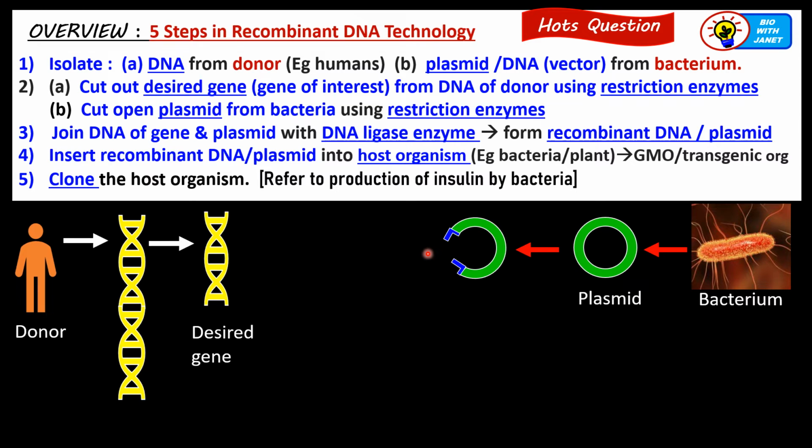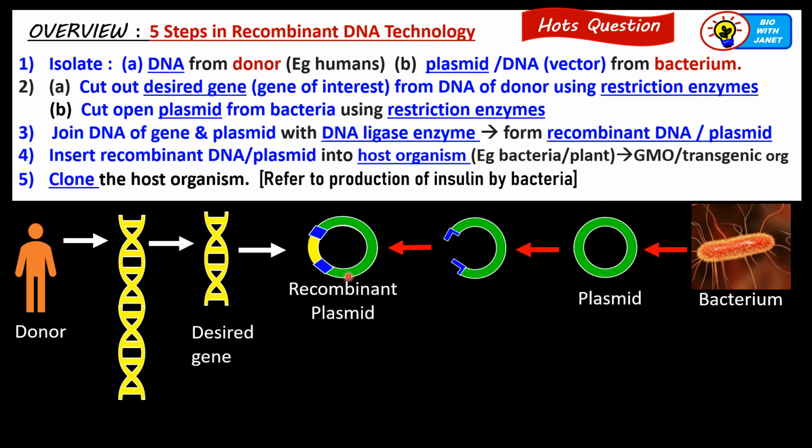Okay. So next, to join these two parts together, we have to use another enzyme called DNA ligase enzyme. This special enzyme helps to combine or join the two strands of DNA together, the one from humans, the desired gene from humans, and the plasmid.